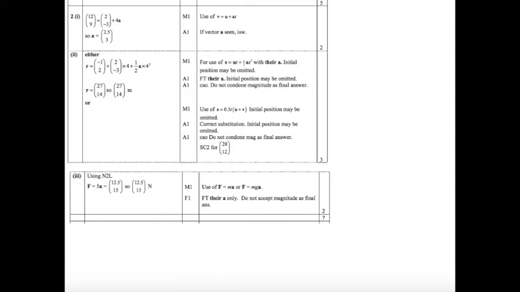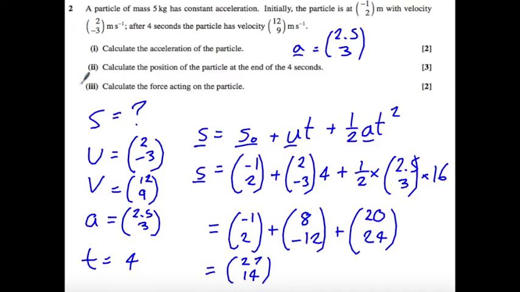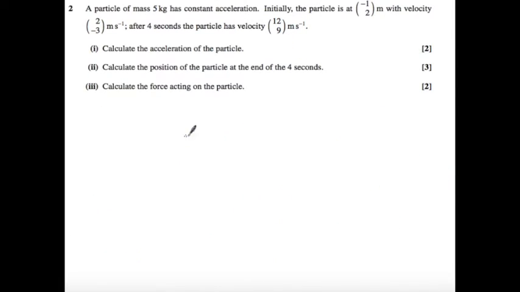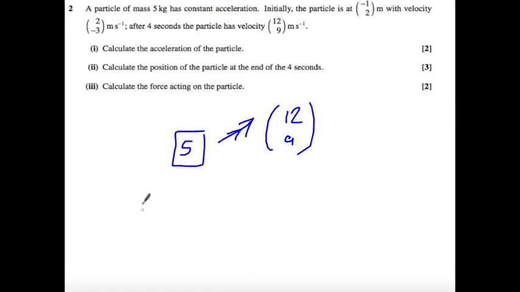So finally, calculate the force acting on the particle. So here, if you think what's going on, we've got a particle of mass 5, and we know it's got some acceleration. So we just have to use Newton's second law. So remember, force, which is a vector as well, equals ma.